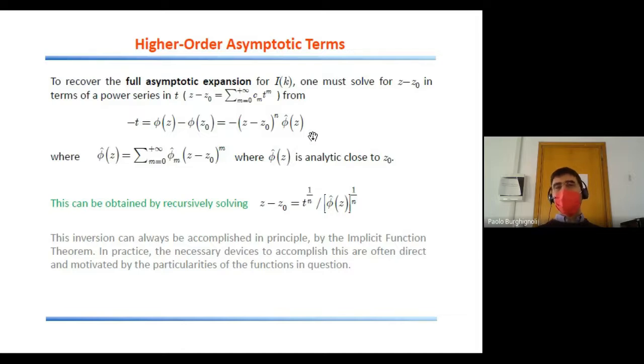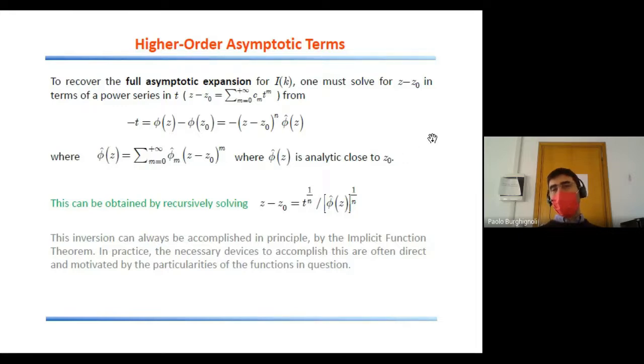Now, in order to obtain what we need, we recursively solve the equation z minus z0 equal to t to 1 over n divided by phi hat of z to 1 over n. That is, we isolate z minus z0 from the above equation, and then we obtain an equation in which z is both at the left-hand side and at the right-hand side, but you can insert this equation inside z at the right-hand side and proceed recursively in order to recover all the powers that you need in the expansion.